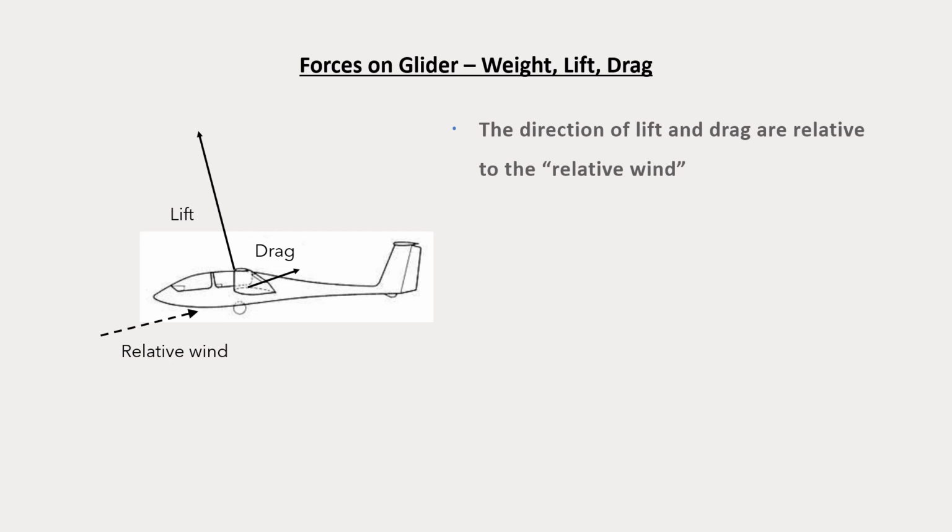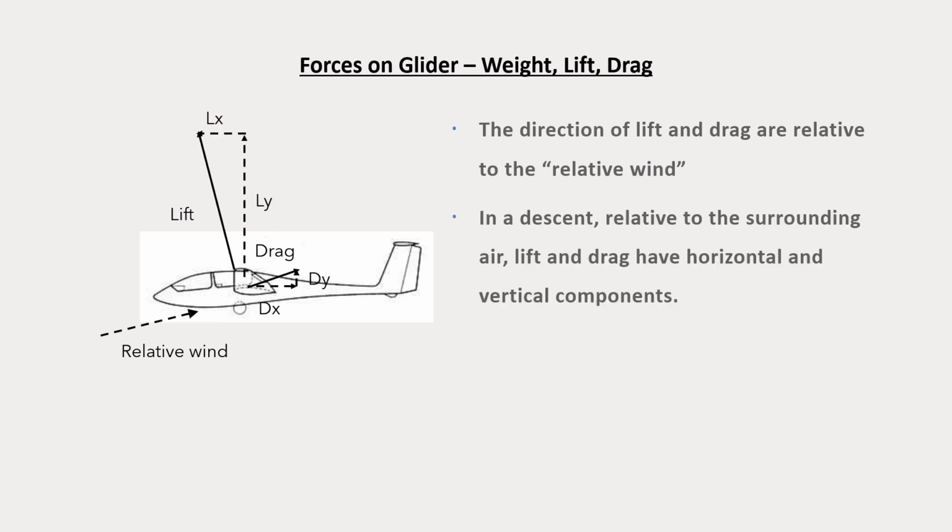The lift and the drag, their direction is measured relative to that relative wind. And since we are descending a little bit, that relative wind is angled down a little bit. Our lift vector is angled forward a little bit, and our drag vector is angled upward a little bit.